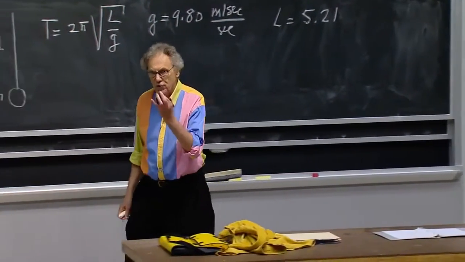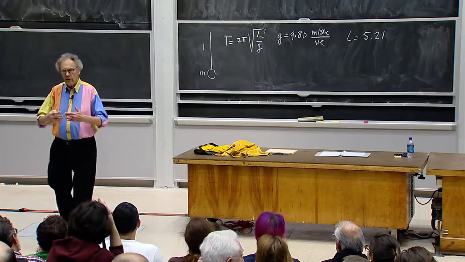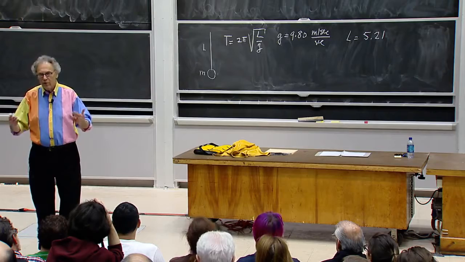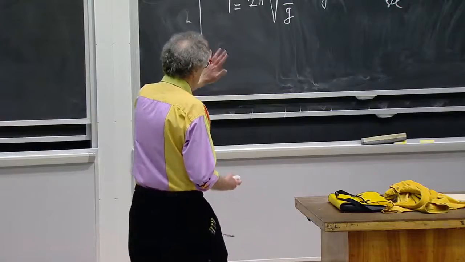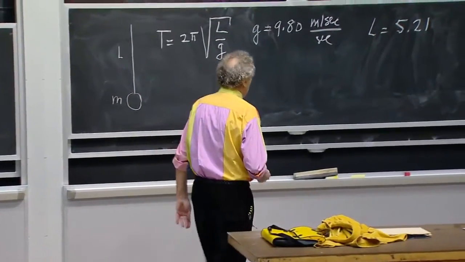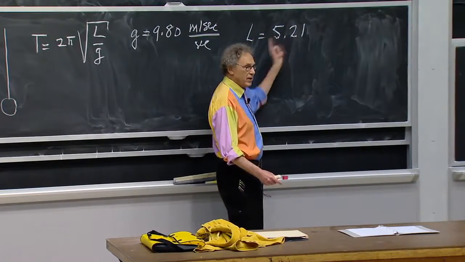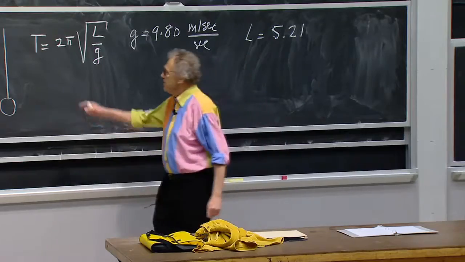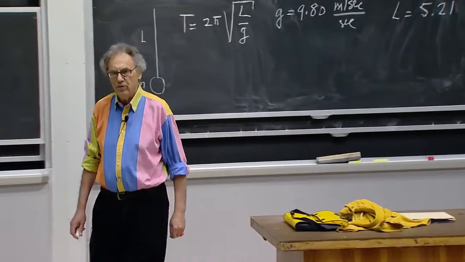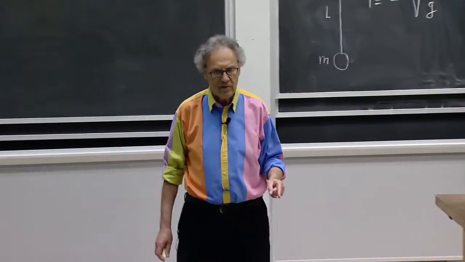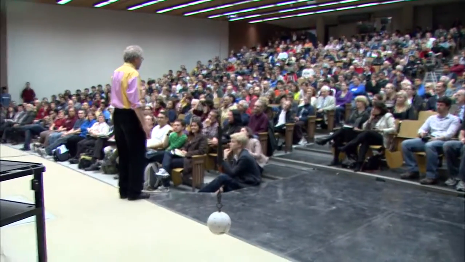And so there is an uncertainty in the measurement of the length that we have to be honest about, because we are physicists after all. The uncertainty we estimate is about 5 centimeters. So we could be off by 5 centimeters. That is 1%, 5 centimeters out of 521. But since L only shows up as the square root, the uncertainty in the time that we predict is only 0.5%. If you don't see why the 1% becomes 0.5%, that's okay, just take my word for it.